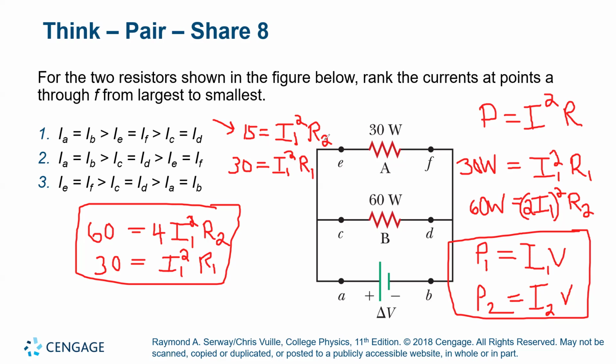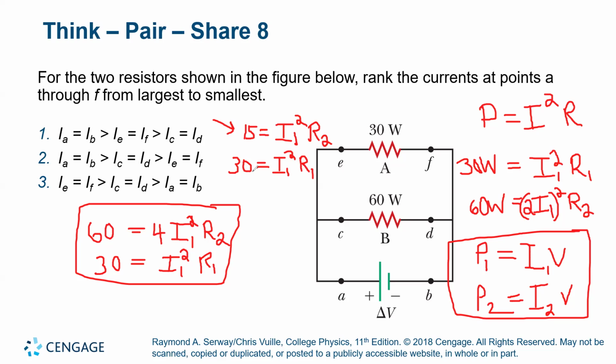Now look at this. I see two equations. I1 squared is the same in both. The only difference is R2 and R1. And I have a 2-to-1 ratio, which means that the resistors have a 2-to-1 ratio. The resistors have a 2-to-1 ratio, but it's not the way you would think.